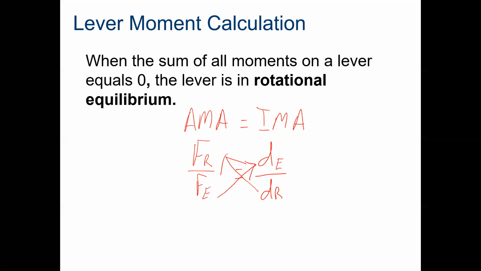I could say FR times DR, force times the distance, that's a moment, is equal to FE times DE, also a moment. So moments are the basis of everything, and that's why it's important to realize that moments are what make simple machines work.